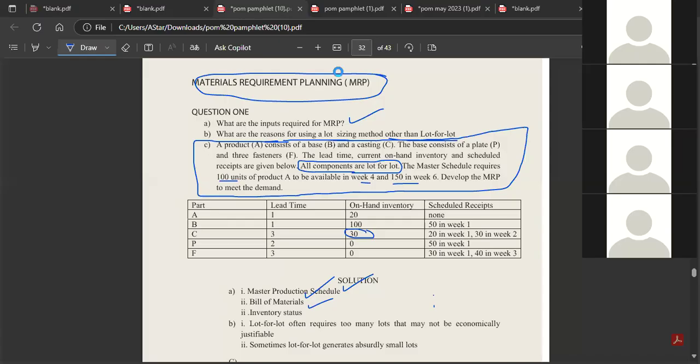Are you able to get me? Yes, I can get you. I was asking what could be the difference when you make the MRP for P and F, since you are saying the parent should be used.